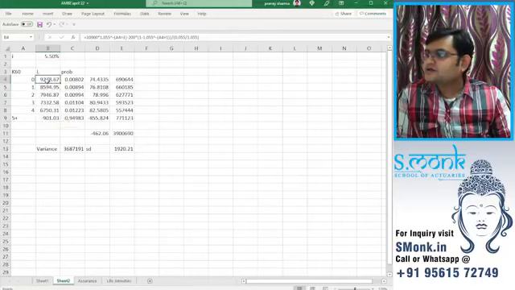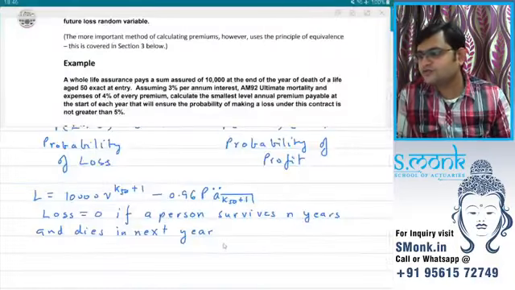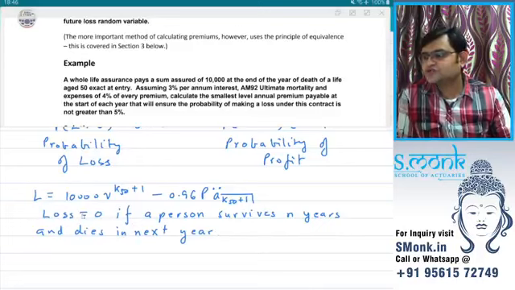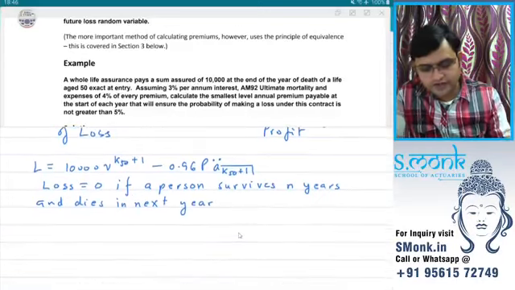So as the number of survival years increases, loss becomes smaller and smaller. At a certain point n, loss becomes 0 because we have whole life here. So we are trying to figure out that value.